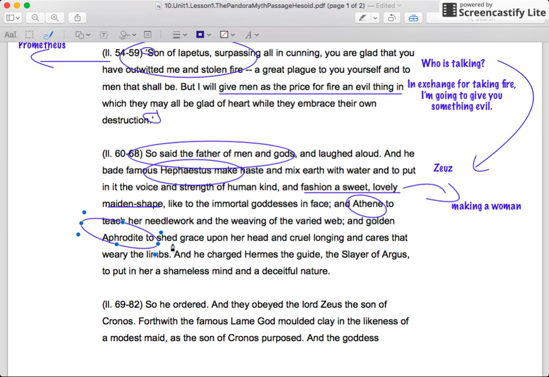So it seems like Aphrodite is kind of making her sad, or making her depressed even. I don't really know why. I spelled Aphrodite wrong, but you guys are just going to have to deal with that.